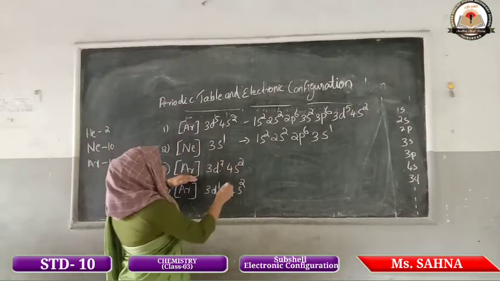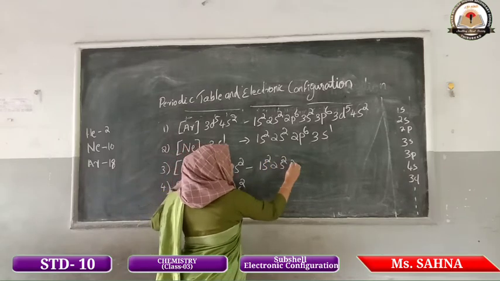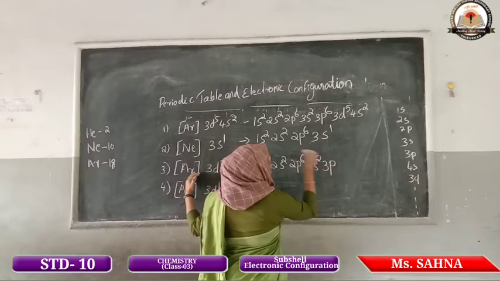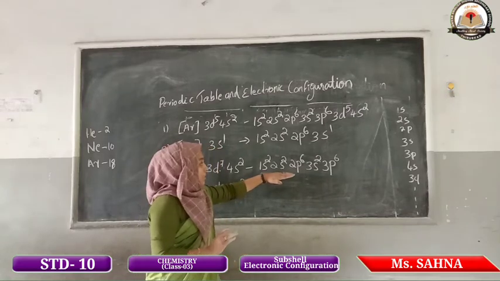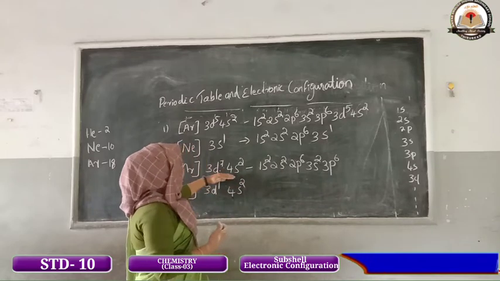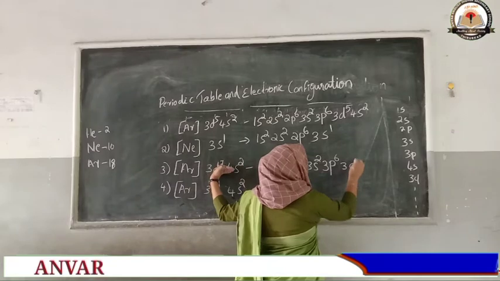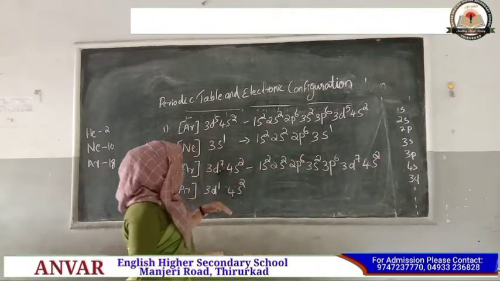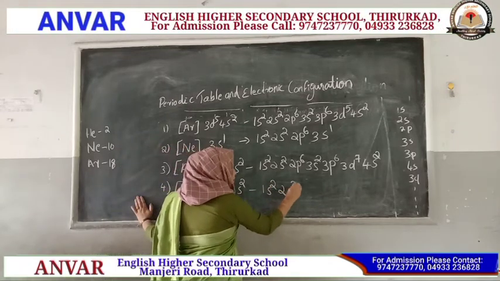Next, we again write argon: 1s2, 2s2, and this part is the subshell electronic configuration of argon. Then we write the remaining part, 3d7 4s2.